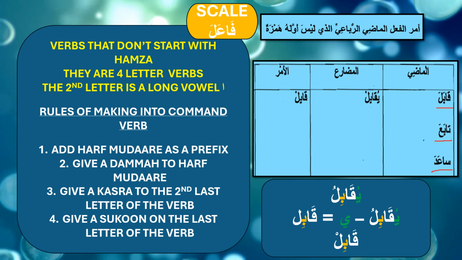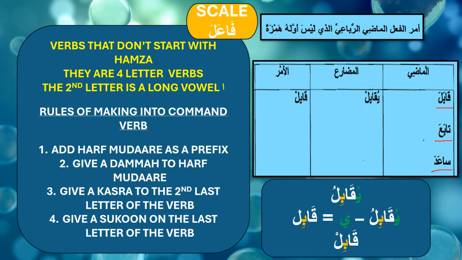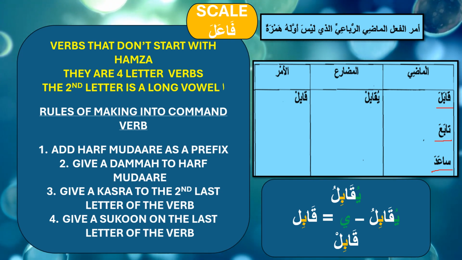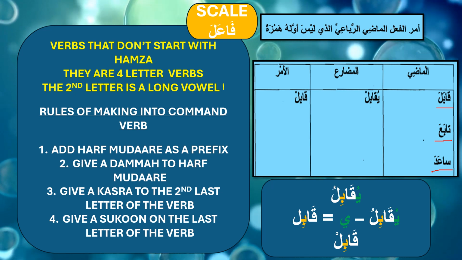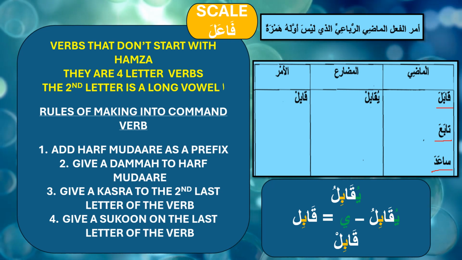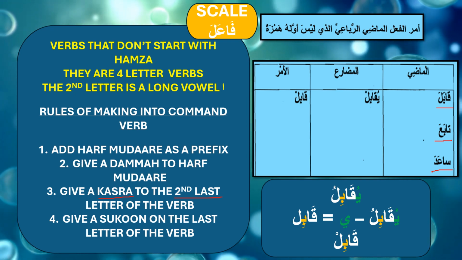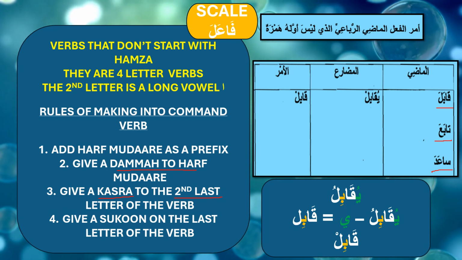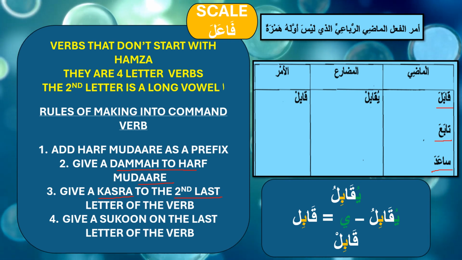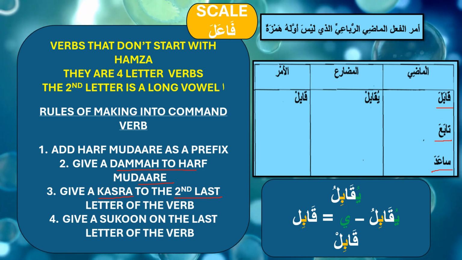All have the same scale, and in this scale, remember, there is no addition of hamzatul wasl or hamzatul qata. The only thing that you need to keep in mind is to give a kasra to the second last letter and give a dhamma to the harf mudare. These are the two main points for how you make a present tense from the fa'ala scale.